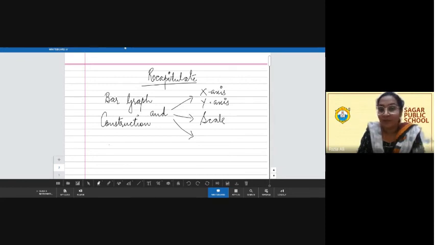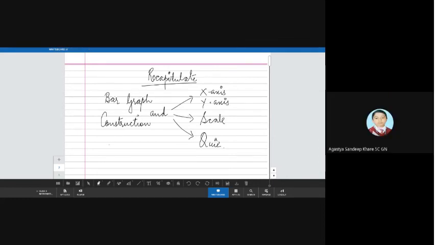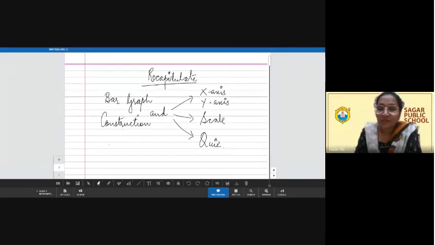We had a quiz also, a quiz of questions, isn't it? Construction of bar graph, yes. Bar graph and its constructions is written over here. While constructing, we discussed about x-axis and y-axis. We also discussed about the scale. We discussed about the properties which a bar graph should have.